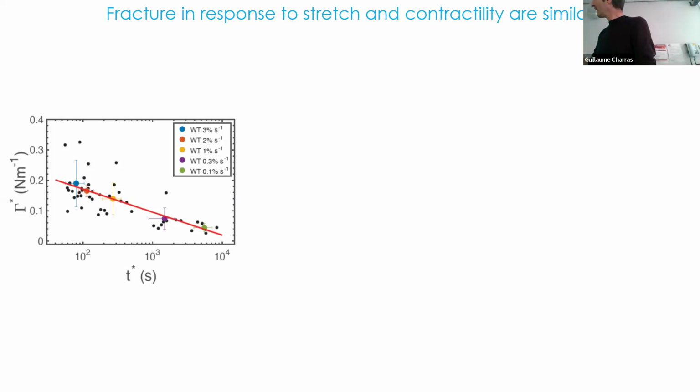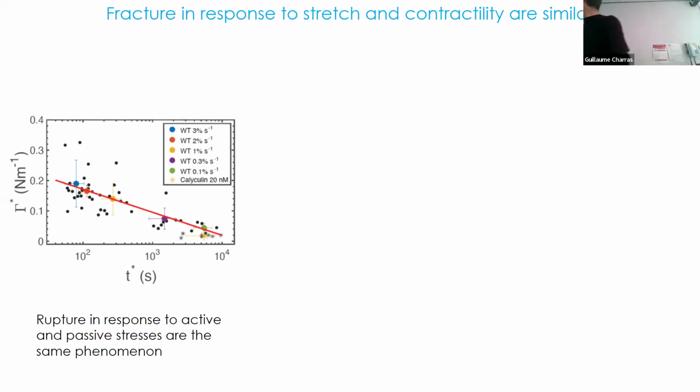If I now take my calyculin experiments and plot them in this graph, you can see that these actually fall close to the line that I would expect from the data where I just vary the strain rate. That would suggest that whether I generate my stresses passively through deformation or actively through myosin contractility, it has the same effect on rupture and rupture time. In this case, they act in the same way on the tissue.